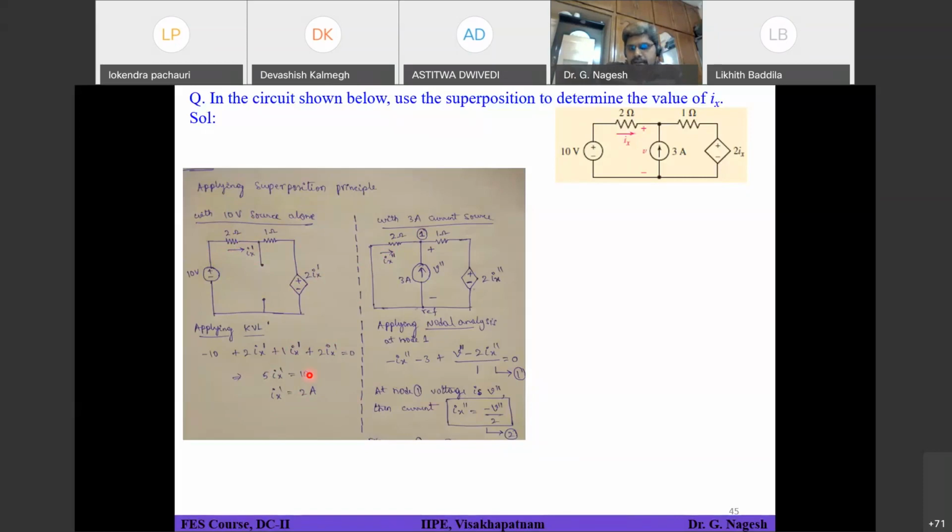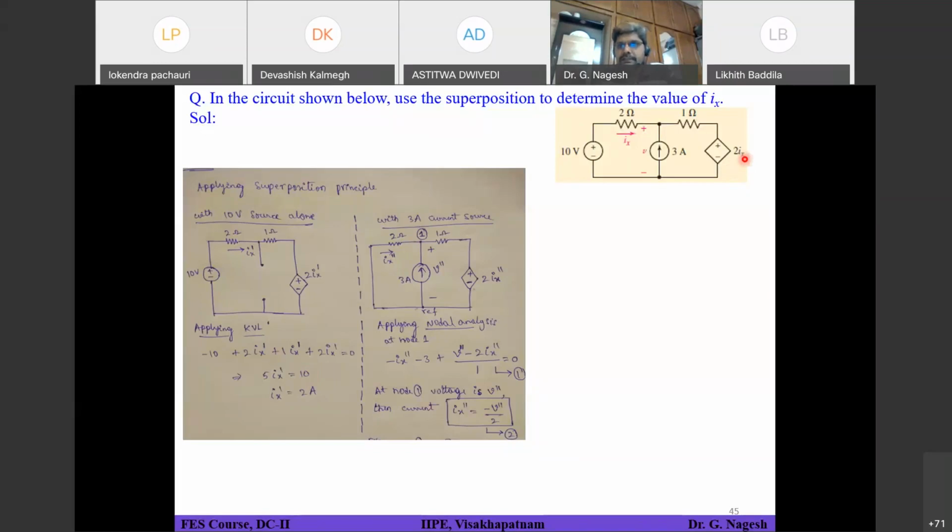Sir, in this first circuit, only Ix dash is flowing in the whole circuit, so why at the dependent source 2Ix dash? See, what is given in your question? The dependent source is 2 into Ix.